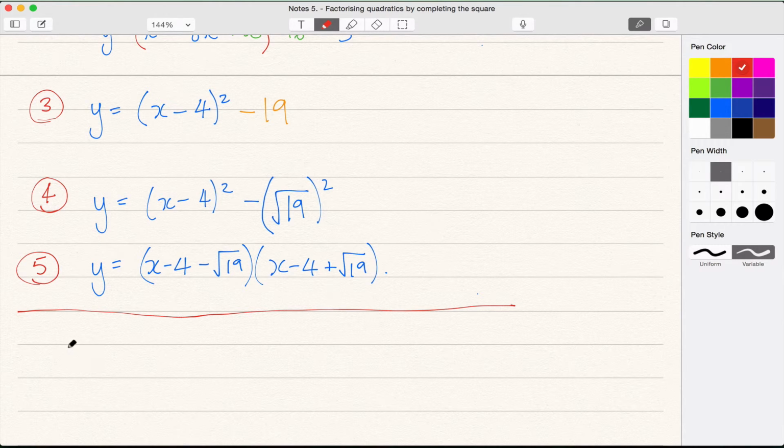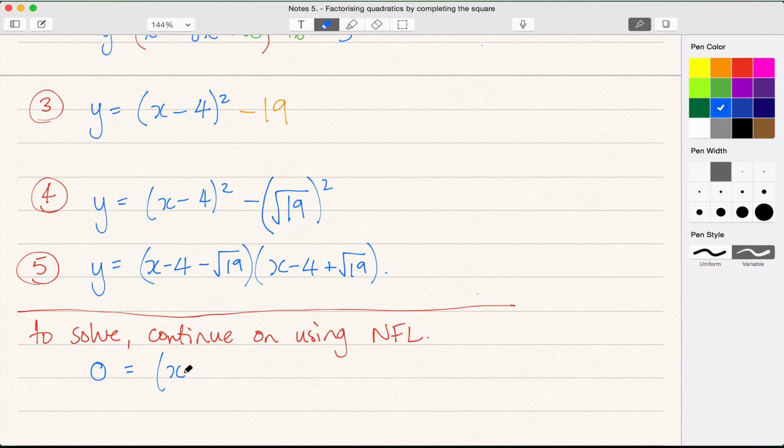But if you need to solve, you need to use the null factor law, which says that if we've got, first of all, we would make it equal to 0. X minus 4 plus root 19.